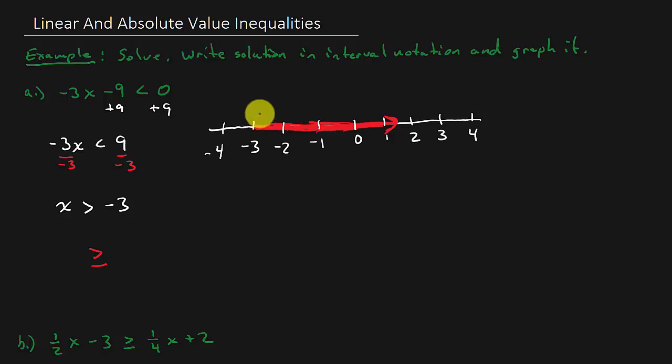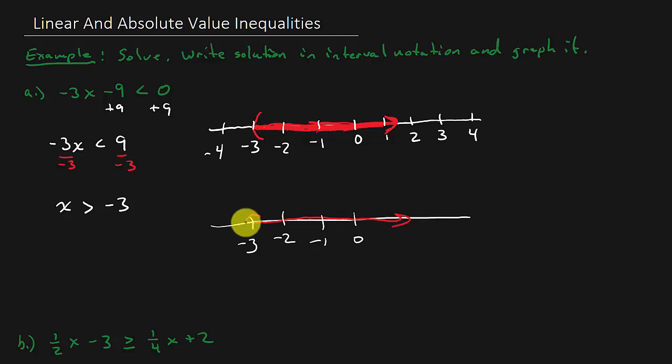So what we do there is we put a parenthesis on the end, and that means that it does not include the negative 3. Now, let me do this too, because this is another way to draw it. It is everything larger than negative 3, and the negative 3 is not included.